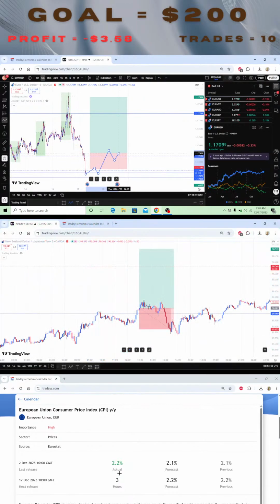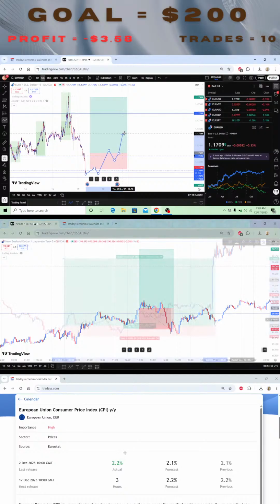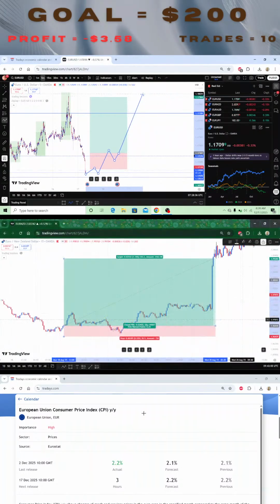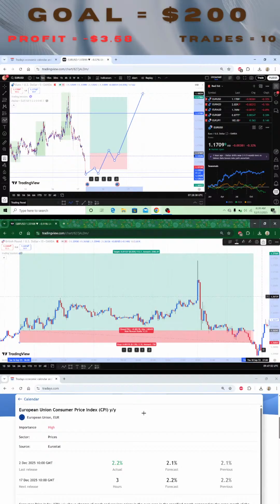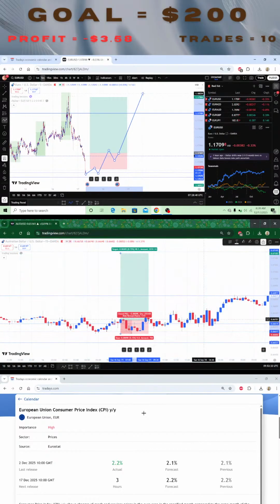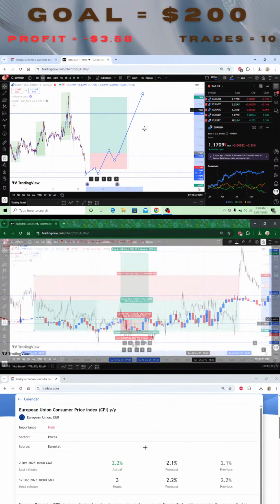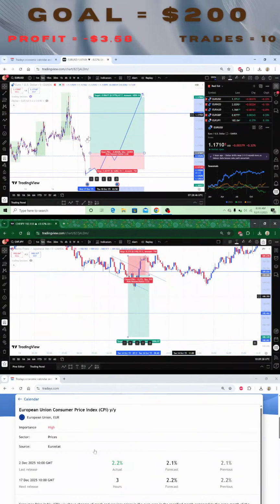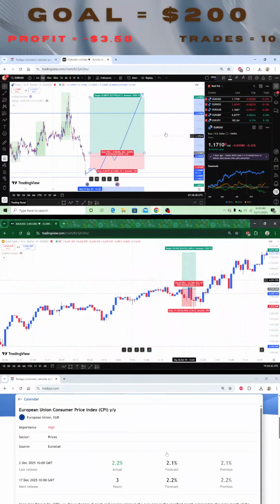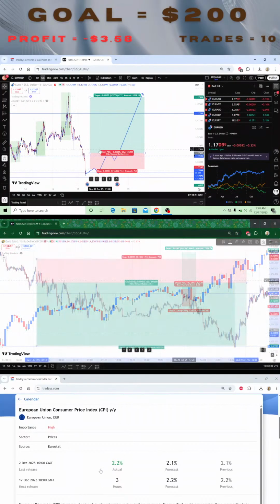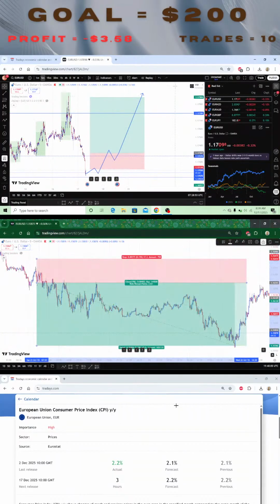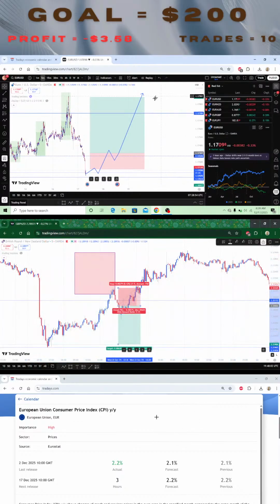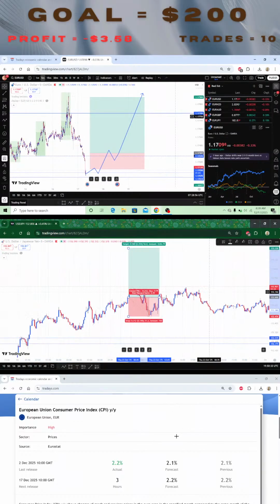Once we place our entry trigger, we're expecting it to come all the way up here, retest the zone and go to the sky. That's literally what we're expecting.